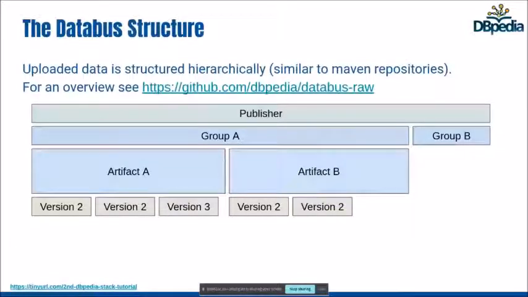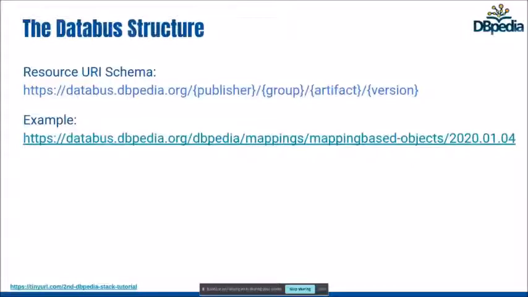And all the data that you upload to the databus, or the metadata, will have a unique databus identifier, and this structure reflects in the URI that your artifact or version is going to have. So you will have the databus.dbpedia.org base URL, and then the path will be your publisher name, your group ID, your artifact ID, and your version ID. So this is, for example, a URI that you can then visit to see the data that is associated with the artifact and version.